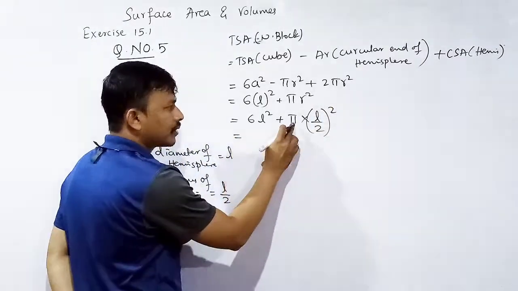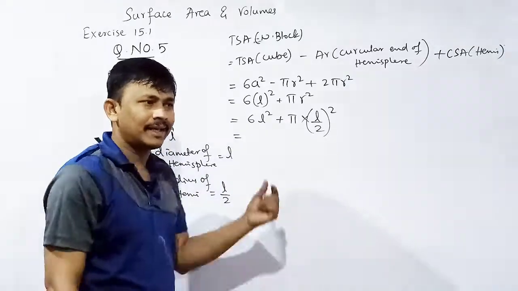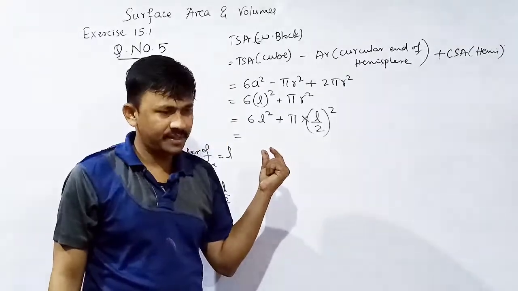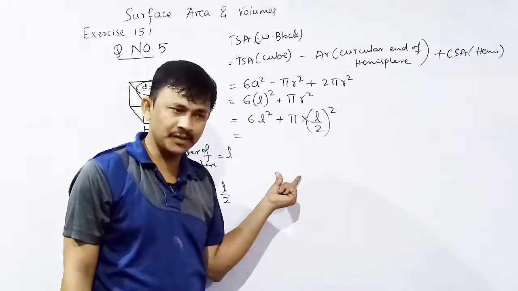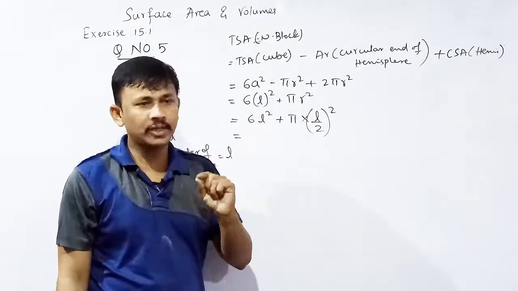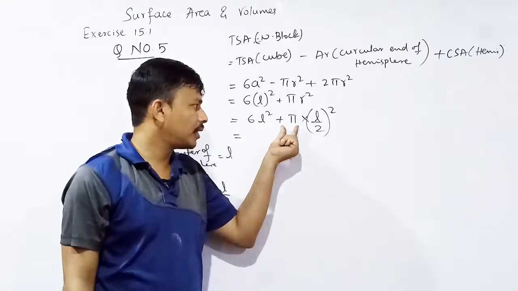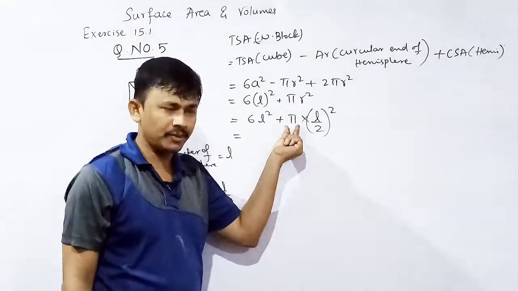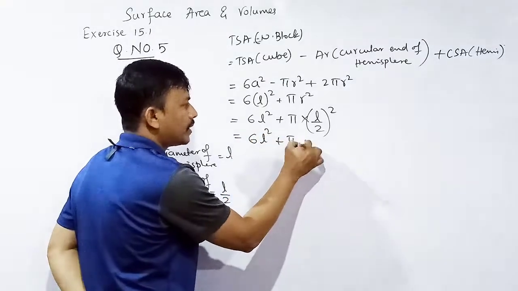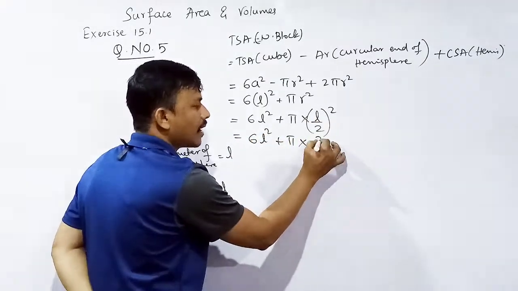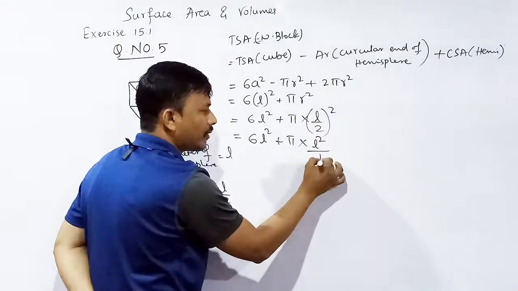We haven't taken the pi value here because it is a general question. Since it is a general question, you need to answer with the general values, not particular values. You must not put the pi value. Okay, 6l square plus pi into l square divided by 2 square, 4.